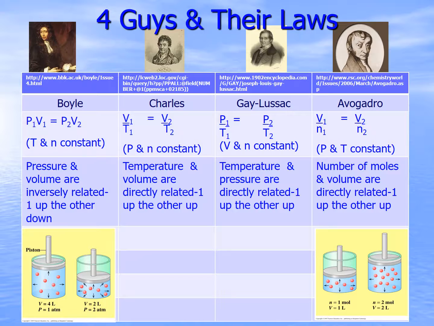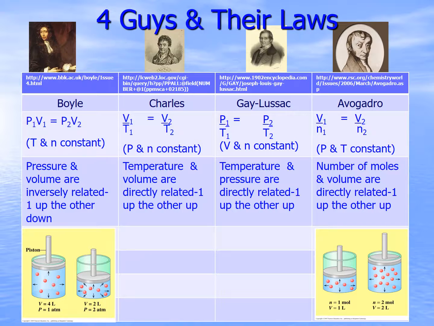Really it doesn't matter who we call it, but just to give credit where credit is due, Amonton's law might be a better term, but for Cheryl's sake here we'll call it Gay-Lussac's law. And finally, Avogadro's law. Same Avogadro that has the 6.02 times 10 to the 23rd number named after him.